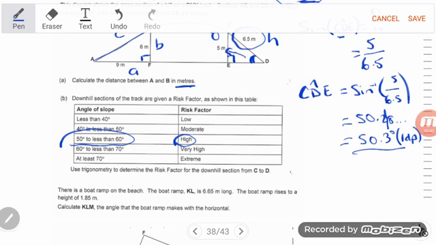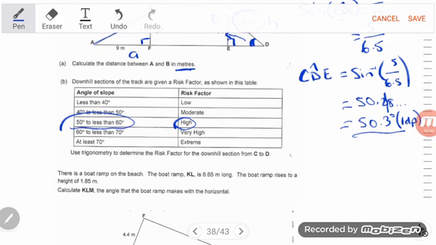So, we haven't actually finished answering our question. We've given the angle, but it actually says here, use trigonometry to determine the risk factor for the downhill section from C to D. So you actually need to say here, 50.3 degrees is greater than 50 and less than 60.